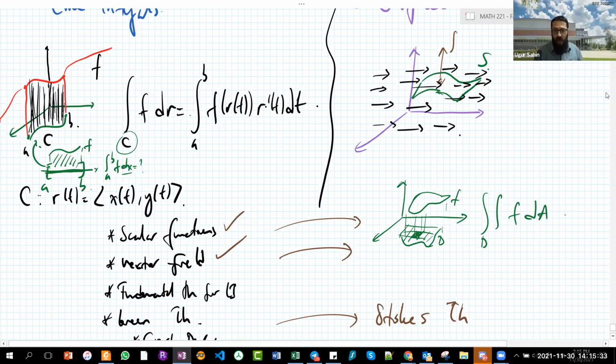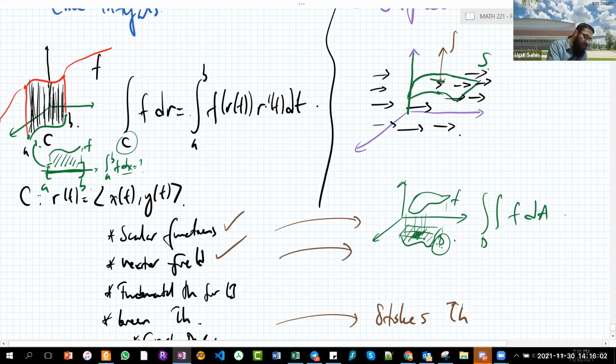But now, if I want to define the surface integral, this time I'm going to have S instead of D, since I want to define my integral over this surface. This surface is not like D, since I can grid the D, and then D could give me some rectangles.